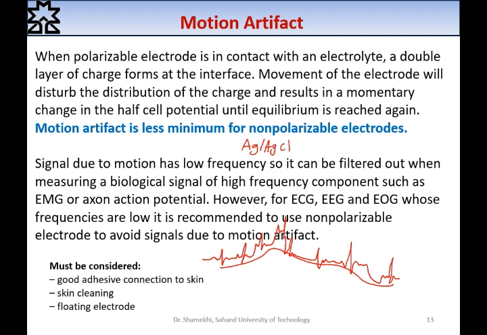We call this line the baseline, and baseline wandering, or baseline changing, will occur because of the motion artifact. We want to have a fixed baseline in ECG.